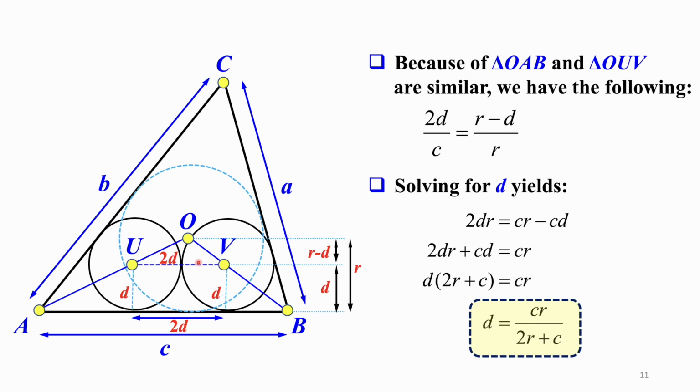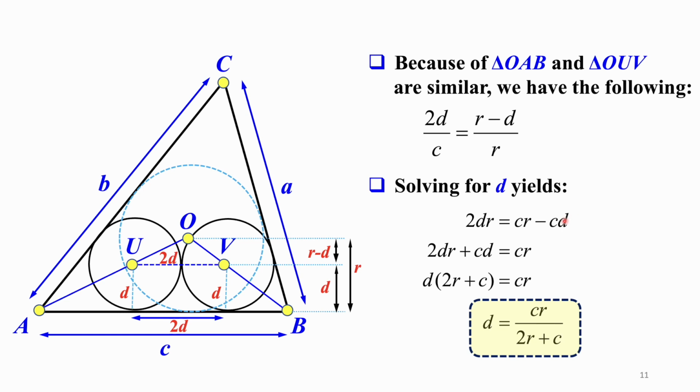From the fact that triangle OUV is similar to OAB, we have 2D over C is equal to R minus D over R. So we have only one unknown, D. Notice here, R is the radius of the incircle, which is known when a triangle is given. So solving for D, we have this.